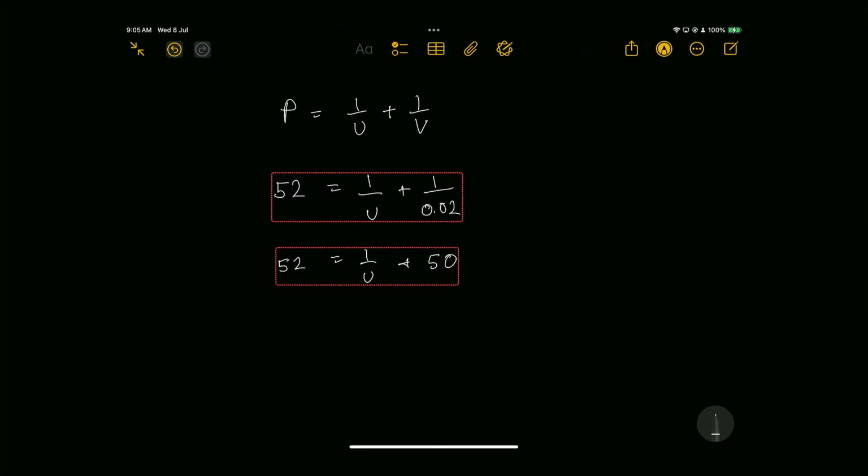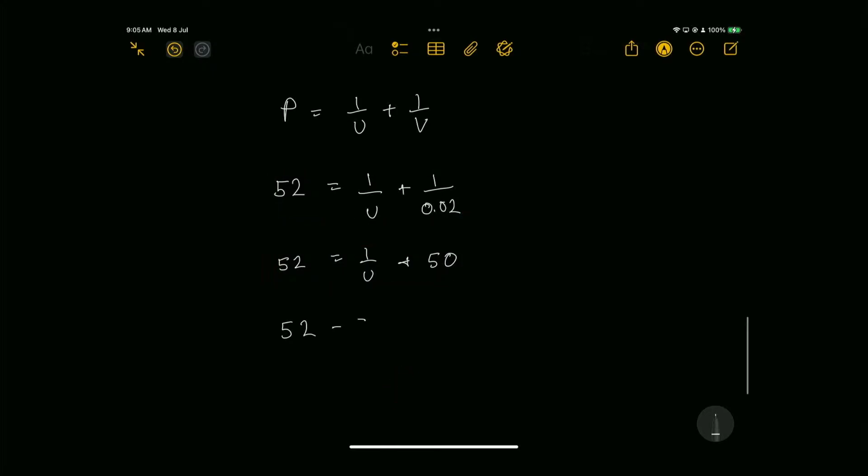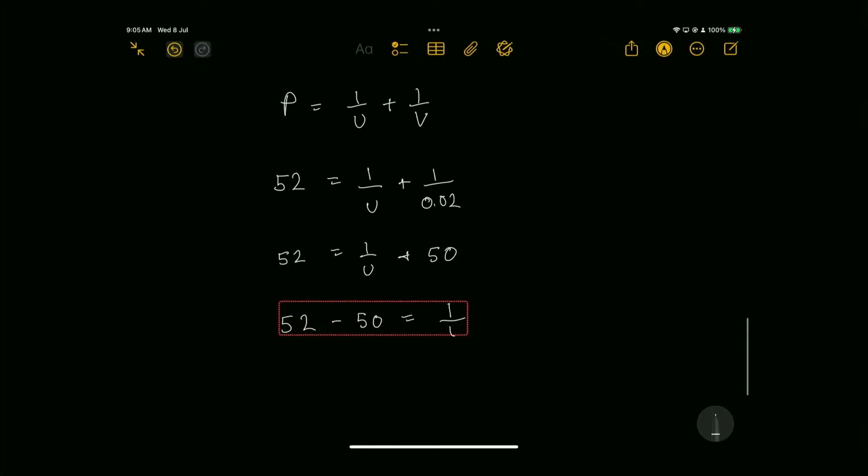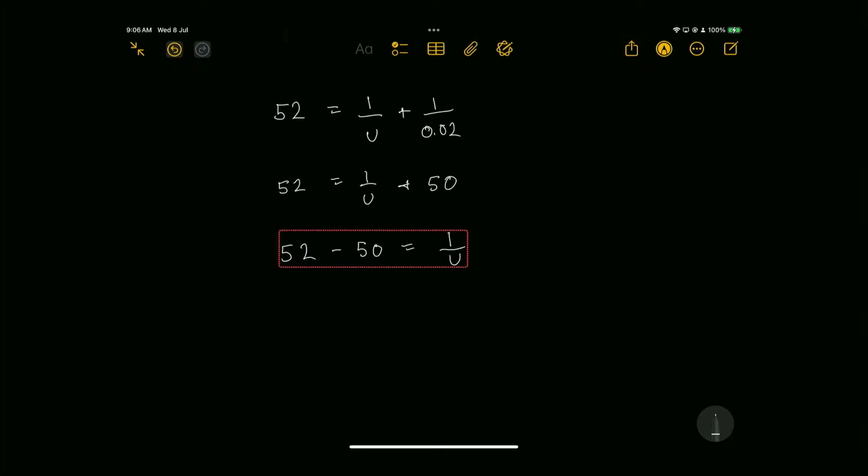Right. So now we can rearrange this equation. 52 minus 50 is equal to 1 over U. So 1 over U is equal to 2. Right? So it's actually 1 over U that is equal to 2, not U itself.